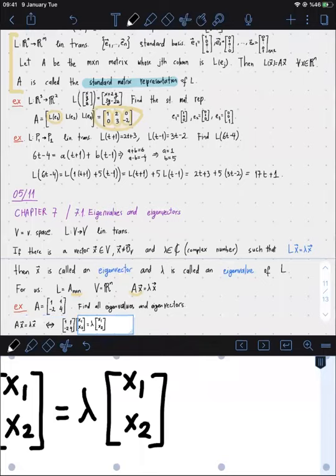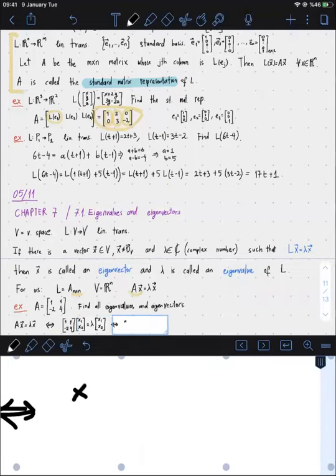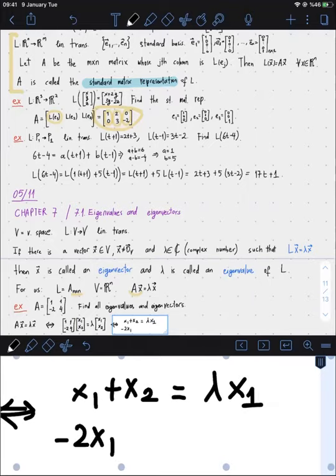What does this mean? If we expand everything, the left-hand side is x1 plus x2, and the right-hand side of the first entry is lambda times x1. And the second entry is minus x1 plus 4x2 equals lambda times x2.